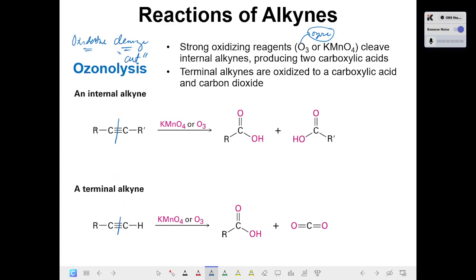Yan. So, i-cut na natin siya for internal and the terminal. Ngayon, simulan muna natin dun sa ating internal alkyne. So, this part, yan. So, makakat yan. Pansinin niyo yung R and dito may R prime to. So, itong part na to, yan, magkakaroon siya ng double bond O dyan, and this part will also have OH.